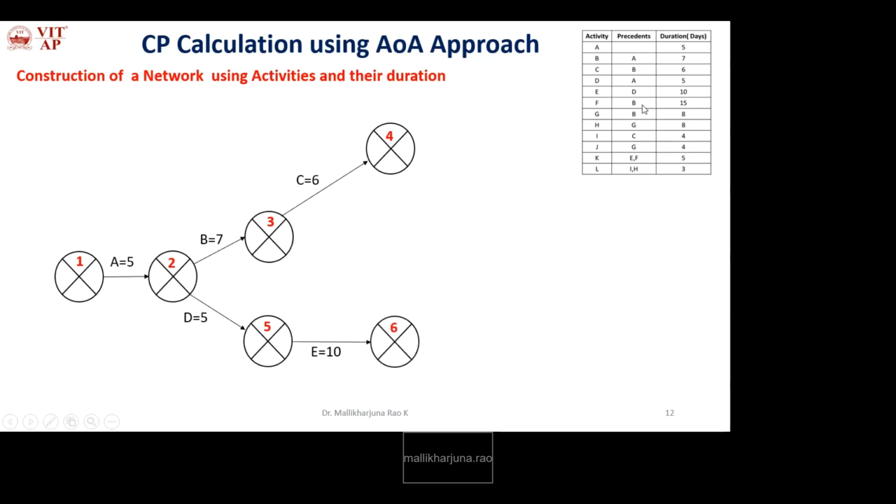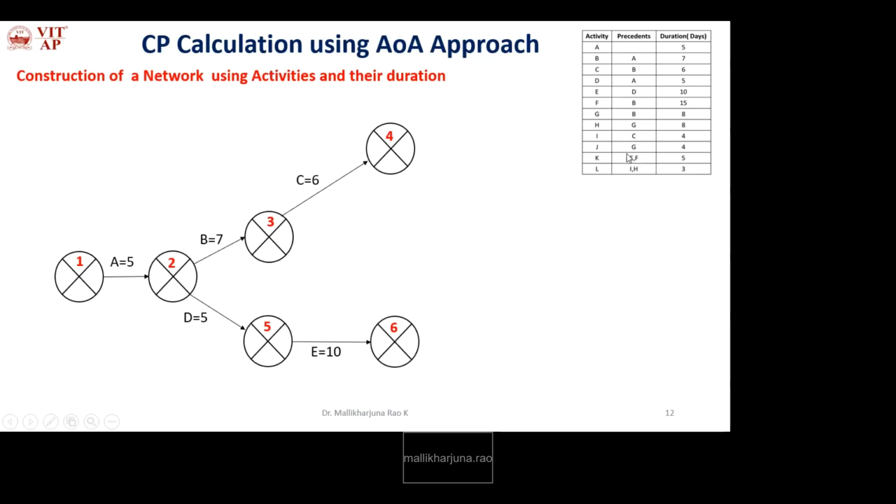Okay, next, we represented E. Then F. F starts after B, and we need to check whether F is the predecessor for any other activities. Yes, F is the predecessor activity for K. Is it ending alone?